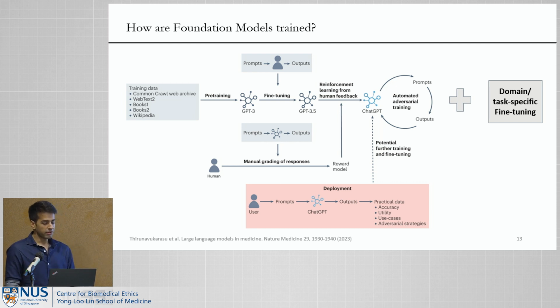There's reinforcement learning from human feedback or some other form of preference tuning to basically make sure that the values that are instilled in this model are aligned with the values of humans in general. And then with the medical use case, there's a subsequent step, which is domain or task-specific fine-tuning. So you tune it not just to answer questions in general, but you tune it to answer medical questions, and to answer questions in a specific domain of medicine.